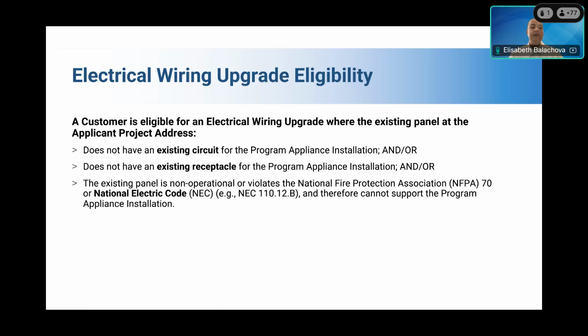Electrical wiring is eligible at the applicant project address if the customer doesn't have an existing circuit in their panel for the new program appliance, or if they don't have the appropriate receptacle for the program appliance. Something that is new is that if the existing panel is non-operational or violates any national electric codes, you can also proceed with electrical wiring.